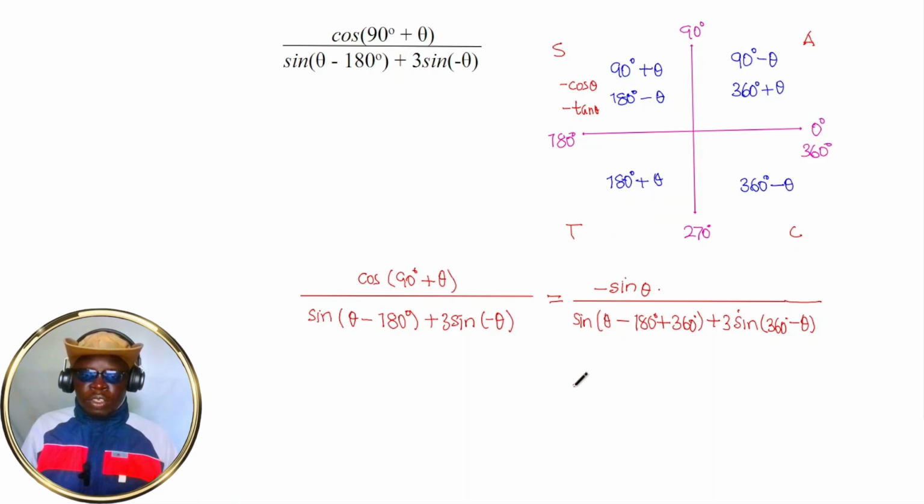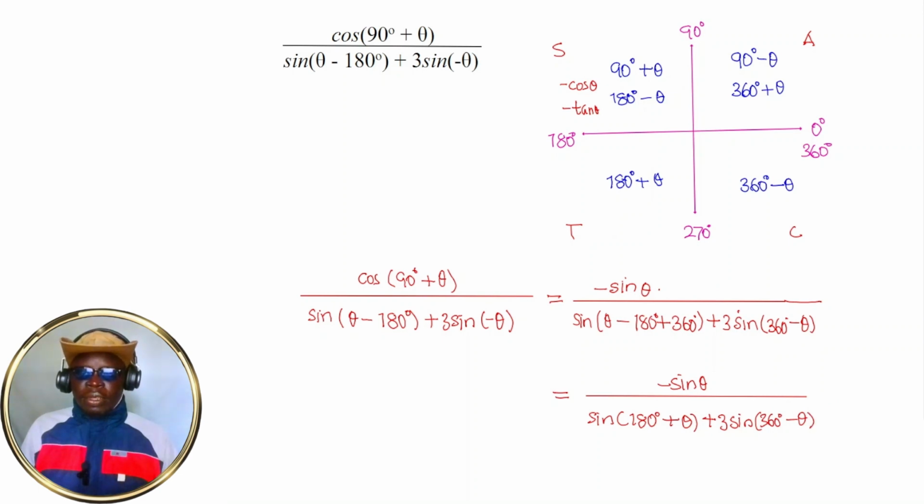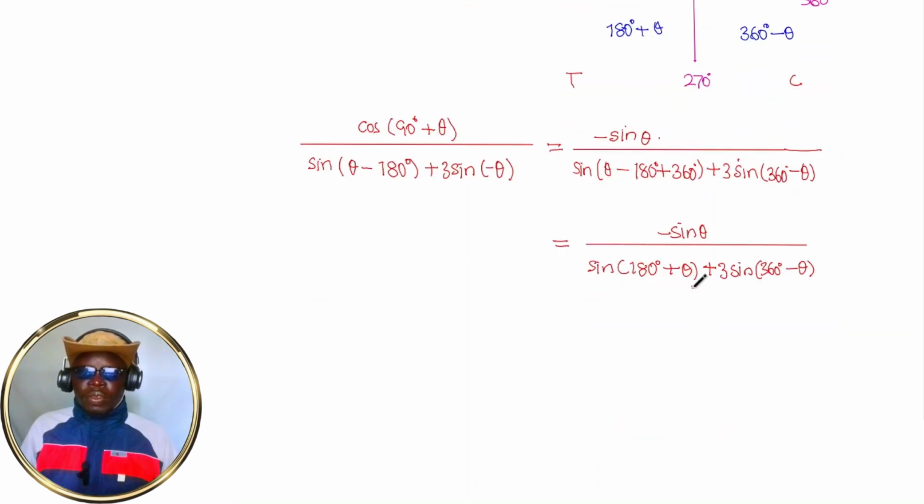Meanwhile, for this, we first need to simplify it down. Therefore, we have the numerator is already okay, negative sine of theta, and we're dividing this by sine of 180 degrees plus theta. And we add this to our 3 sine of 360 minus theta. Now after that, we can also reduce this down using our reduction formula that we know, and we have the one up is already okay.